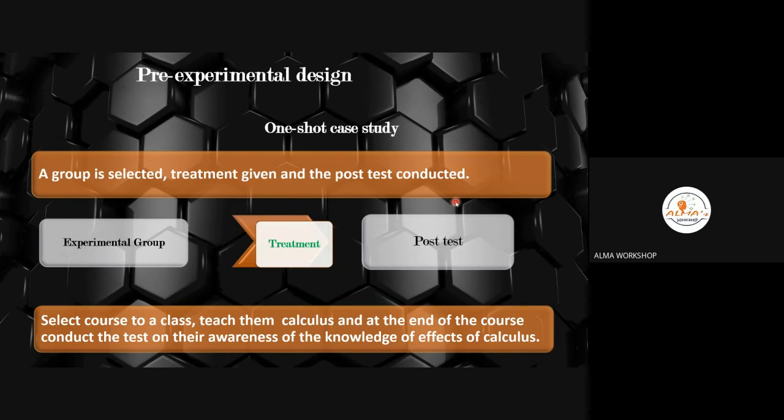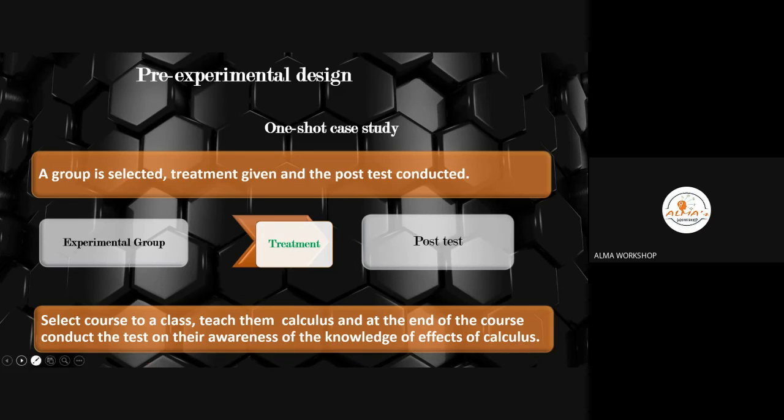For example, you select a course for a class. Think about your own classroom, girls. You have a set of students, 40 students. You select a course, teach them calculus, and at the end of the course, conduct a test on their knowledge of the effects of calculus. That's it. It is called a one-shot case study. You have a class, you don't have any control group here.